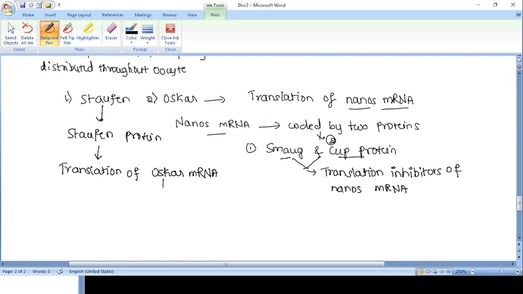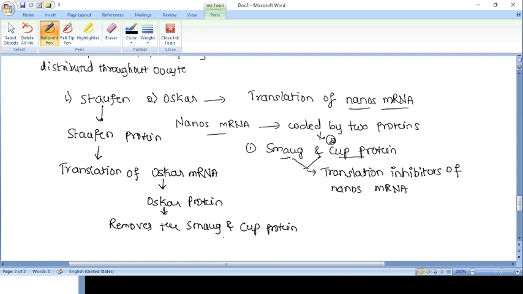After the translation, Oscar mRNA will form the Oscar protein, and later this Oscar protein will remove the two proteins, smaug and cup protein.